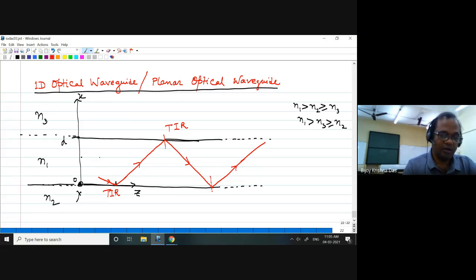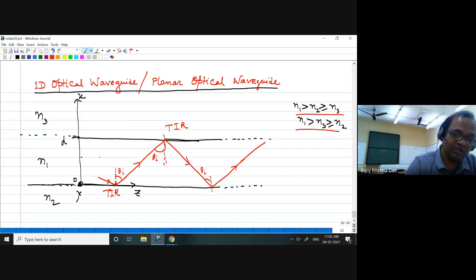This is the way it is going, and we define this angle as theta I. Okay, theta I, and obviously this value is also theta I, and this would also be theta I. That is true irrespective of the relations you are defining here.